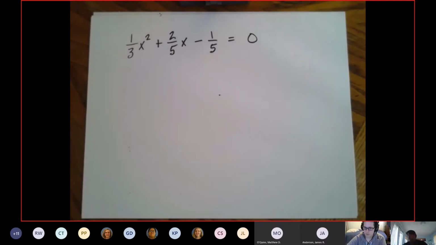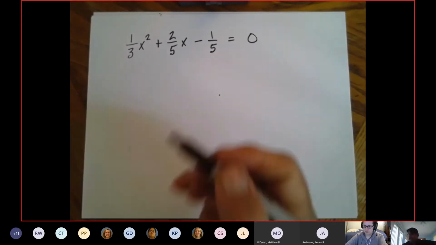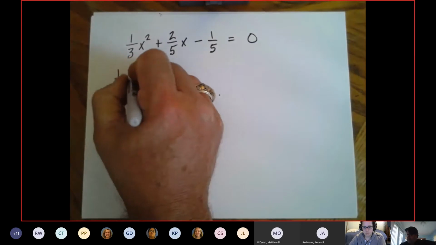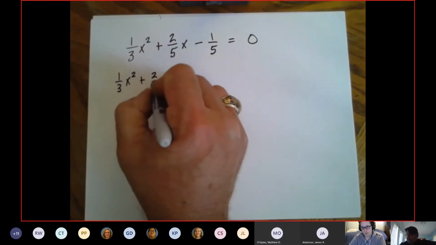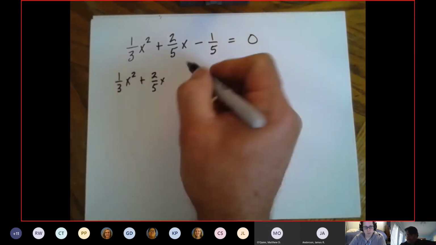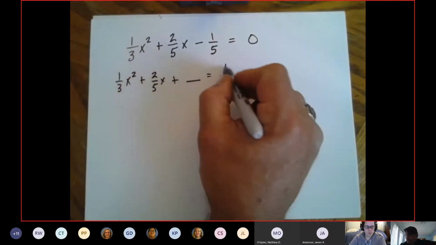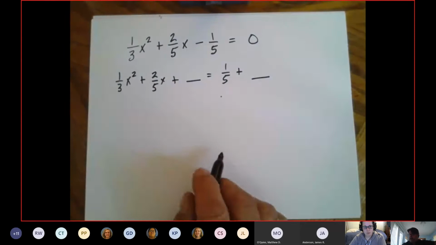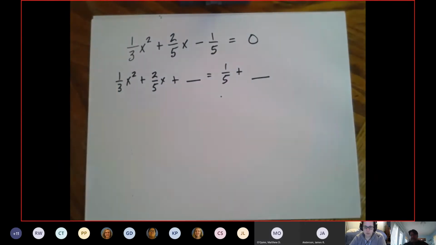So I'll go ahead and start you off for those of you that really suck at it. 1/3 x squared plus 2/5 x plus blank is equal to 1/5 plus blank. When I factor out something, what are you doing? You're actually dividing, right?